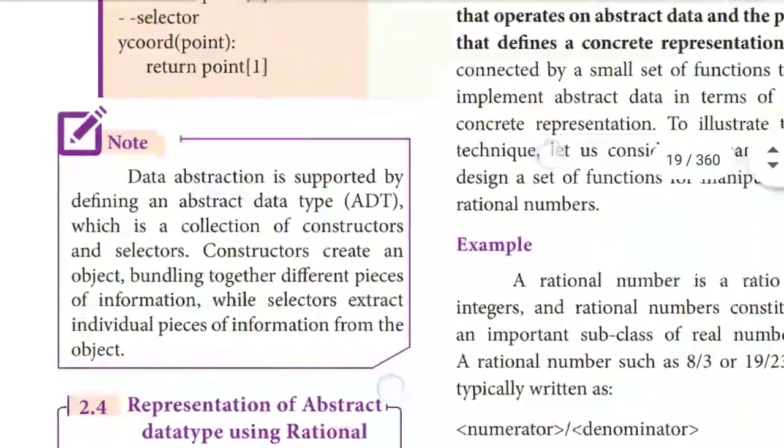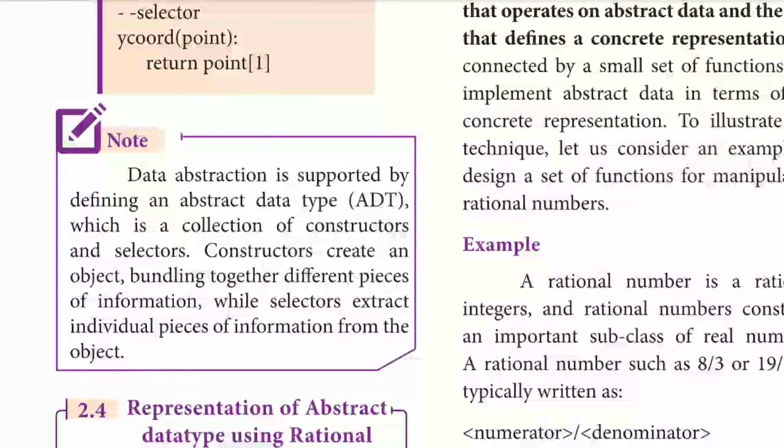So here you can see that data abstraction is supported by defining an abstract data type, which is a collection of constructors and selectors. A constructor creates an object binding together different pieces of information, while a selector extracts an individual piece of information from the object.